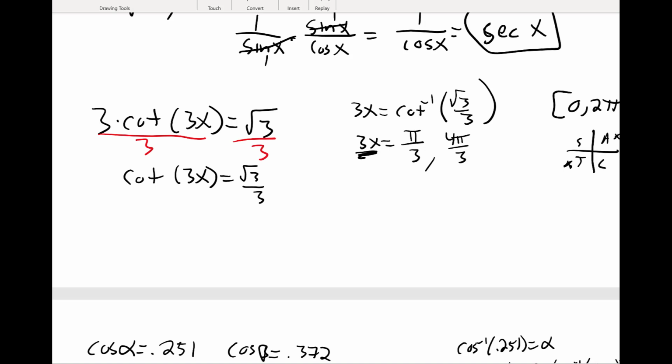Now, that's the first time around. Now, because of the 3x, we have to go 3 times around. Then it's going to occur up here at pi plus pi over 3. So that's going to be, what, 7 pi over 3? So 7 pi over 3.